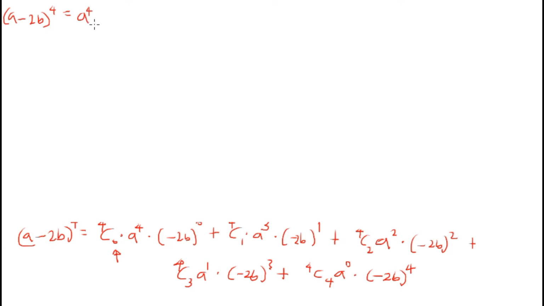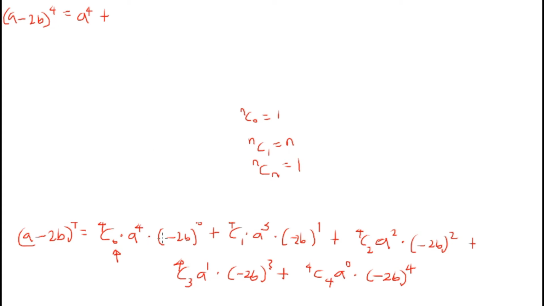So I will have a raised to power 4, plus 4 combination 1, which using the calculator is 4. N combination 1 is n, and n combination 0 is 1. Also, n combination n is equal to 1.